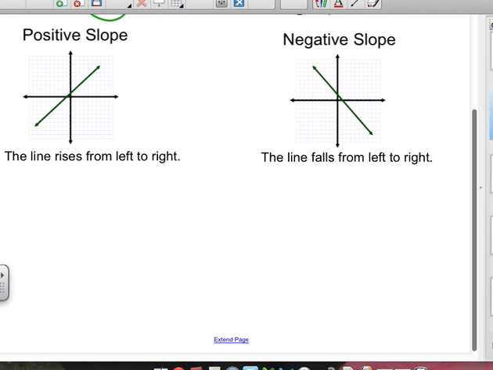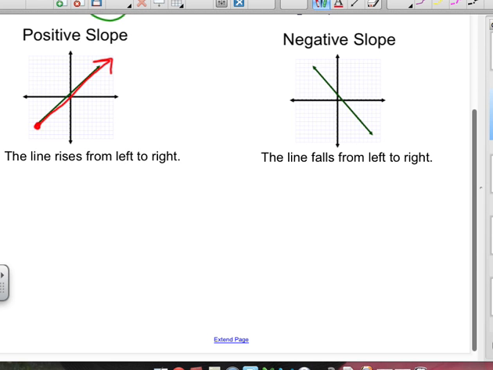You see these two graphs. On the left side, there is a line drawn that has positive slope. When we look at a line and we determine if it's positive or negative, we look at where the line begins on the left side of the graph. So I start my eyeballs down here, and I follow the line to the right, and you'll see that it's going in the upward direction to the right.